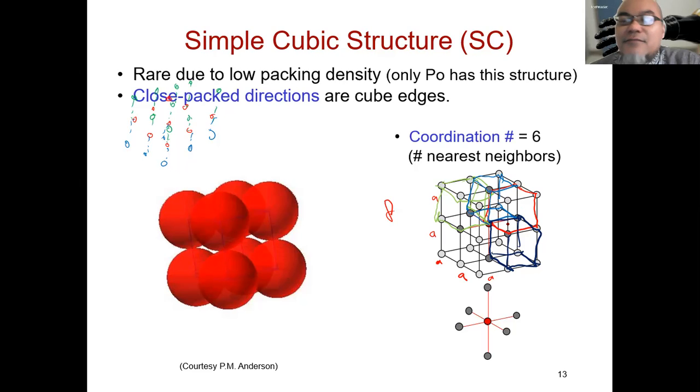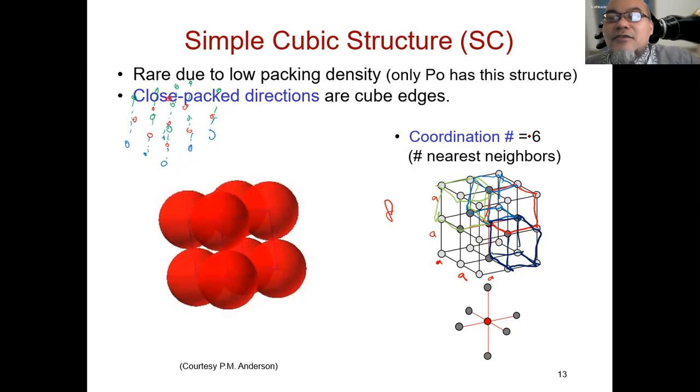So it means one atom in this position is not owned by a single unit cell. One atom, let's say this red one in the middle, is shared by how many unit cells? 1, 2, 3, 4, 5, 6, 7, 8.